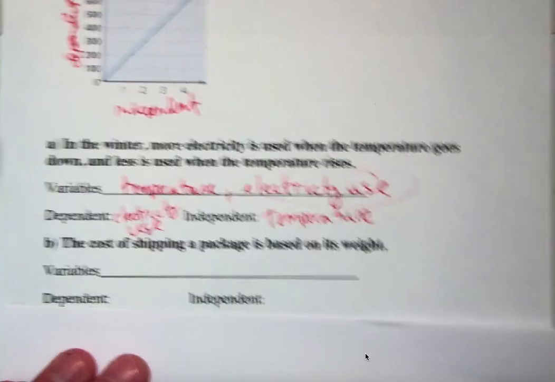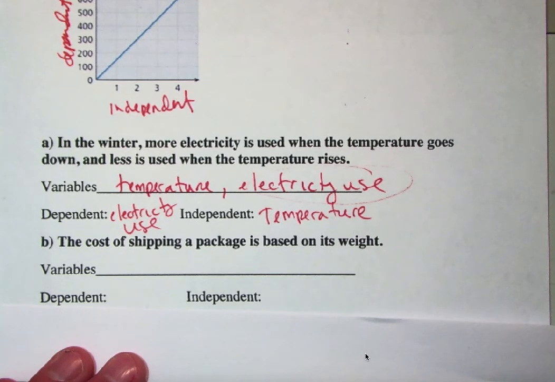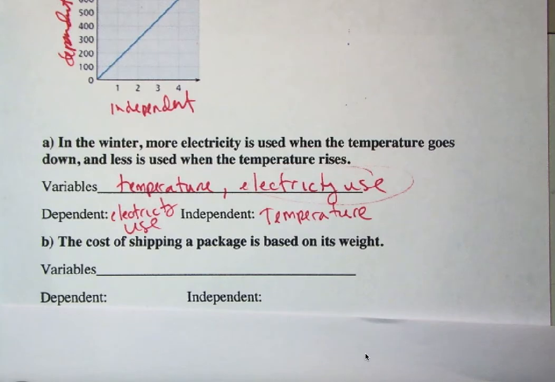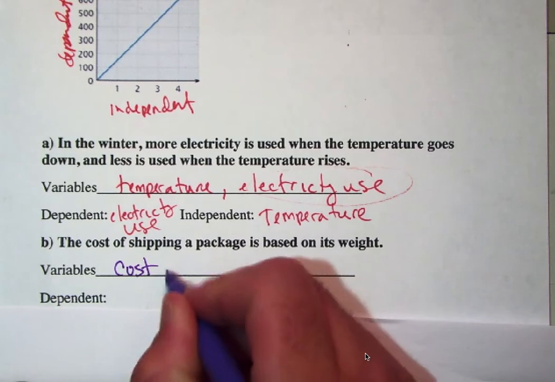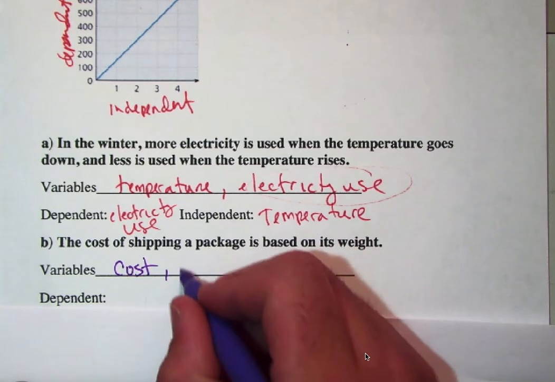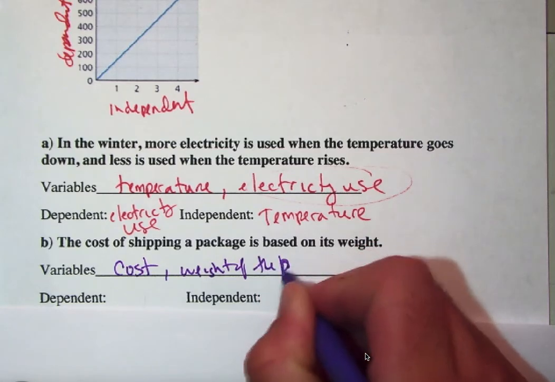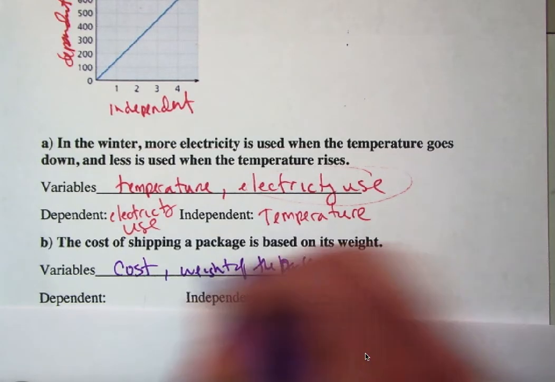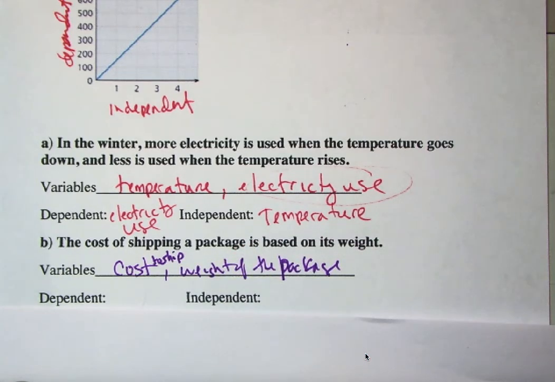The cost of shipping a package is based on its weight. All right, so what are the two variables? Well, the cost, right? And what else? The weight of the package. And cost to ship. Okay, we've got our two things that change.